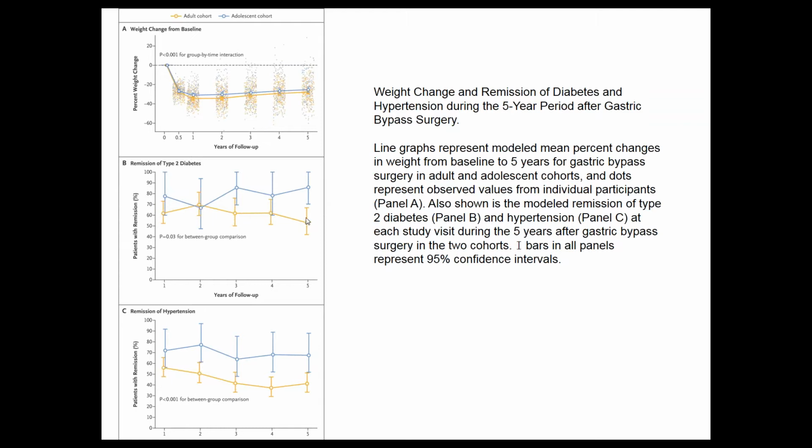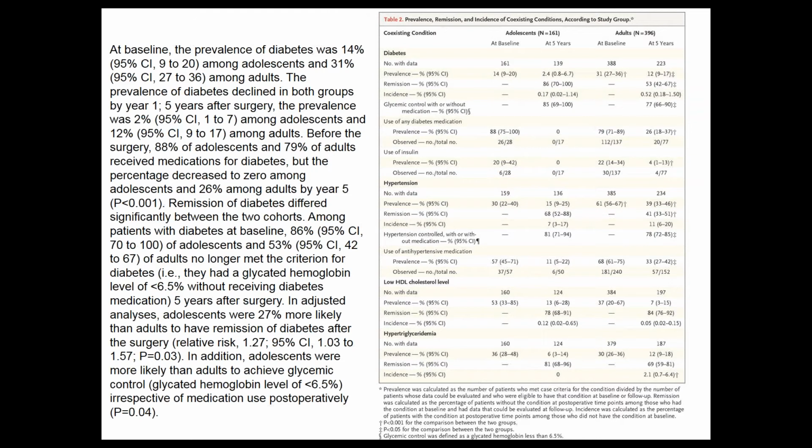Only 60% of them had remission of their type 2 diabetes. And the adolescents also had a greater remission of hypertension compared to the adults. So we might imagine that if we subject adolescents to this procedure, they could conceivably have some benefit because their chance of remitting from these other cardiovascular risk factors is better than is shown in the adults.